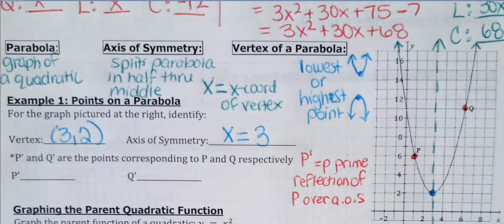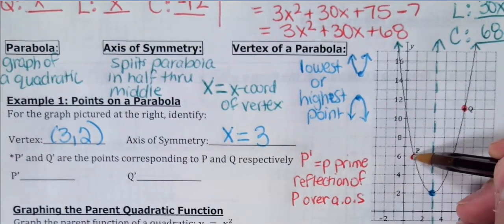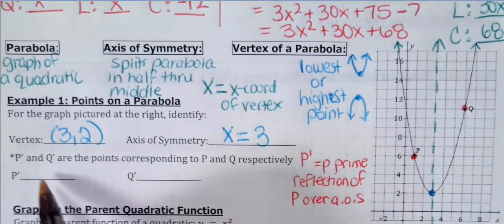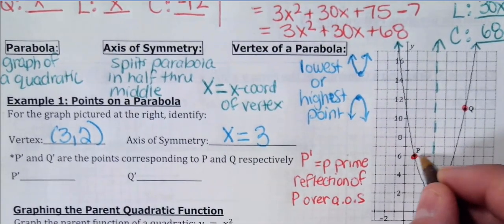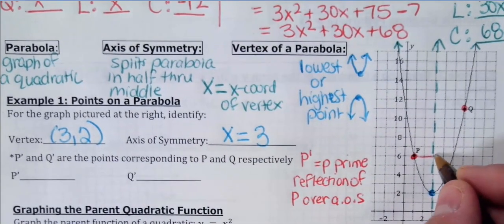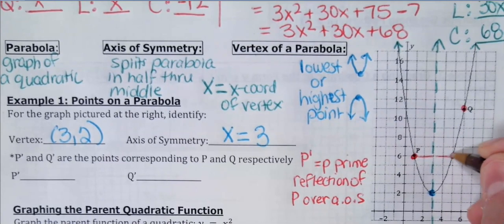So if you have a point given to you somewhere on the graph, all you have to do to get its reflection is push it across the axis of symmetry. P on the actual graph is given to us right here. It looks like this is the point 1,6. So to get P prime, I'm just going to reflect it over the axis of symmetry. This point is 2 spots away, so just 2 spots away on the other side, and it should be right on the parabola.